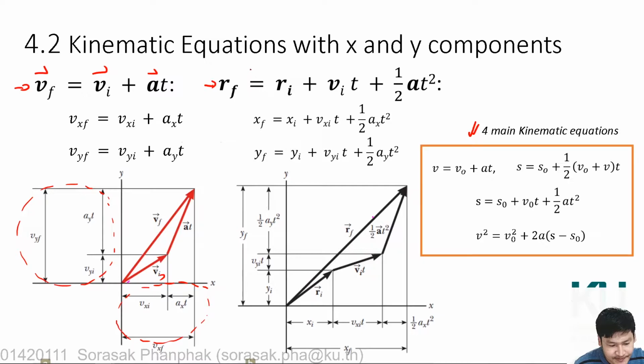These are all vectors, comprised of the components along y and x. The final Vxf is the summation of Vxi plus axt. This is the component that you break from this part to that part for your total, the final Vxf. The f is the final one.